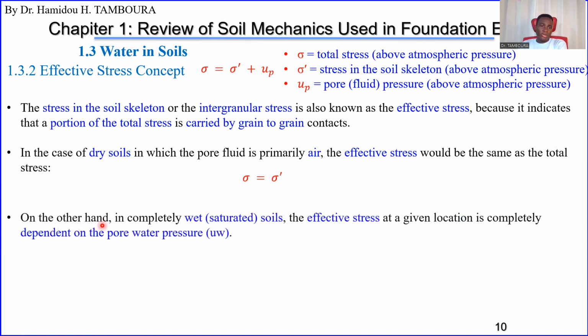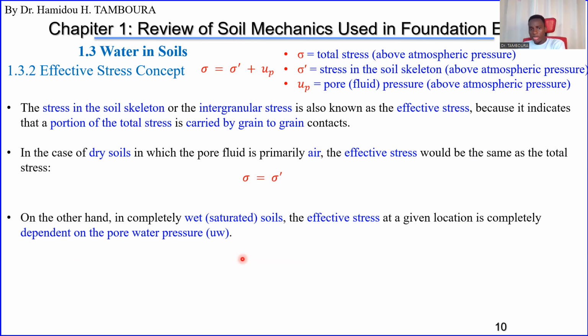On the other hand, if we now have saturated soil, in that case, effective stress at a given location is completely dependent on the pore water pressure. If you are in a static condition, then it is easy.